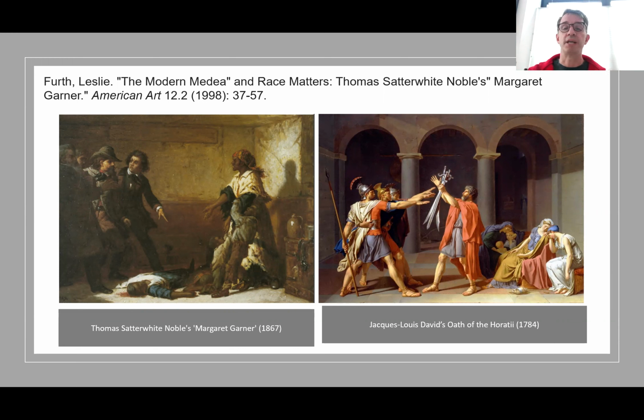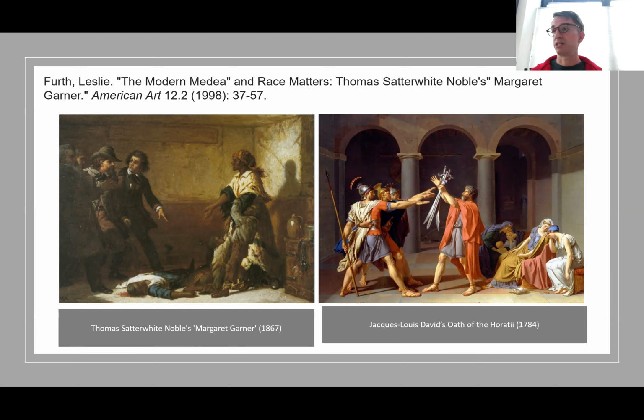Here are 3 brothers who take an oath to defend Rome. 2 of them are killed in this combat. One of them manages to get the enemy brothers basically to chase after him, and while they're separated, he is able to kill them one by one and is victorious. But in the process, of course, 2/3 of the sons of this family die.